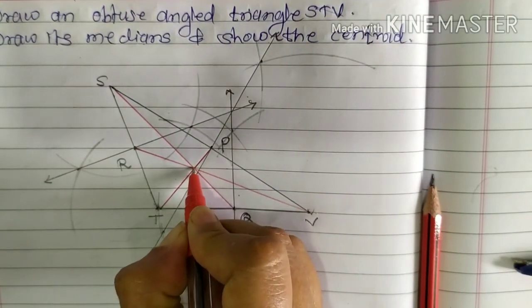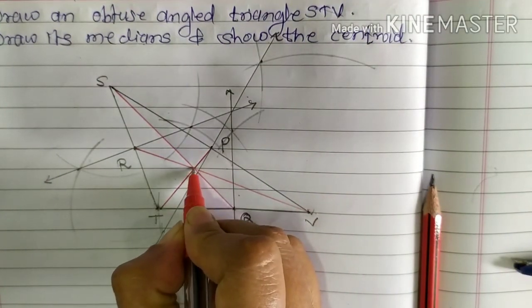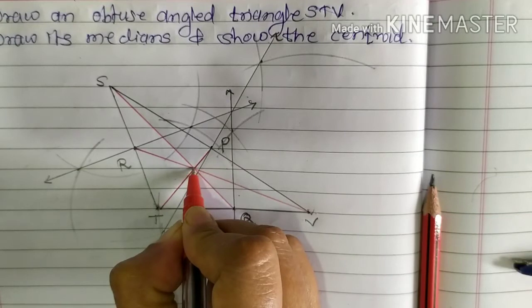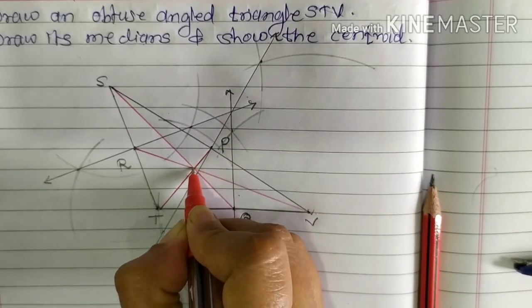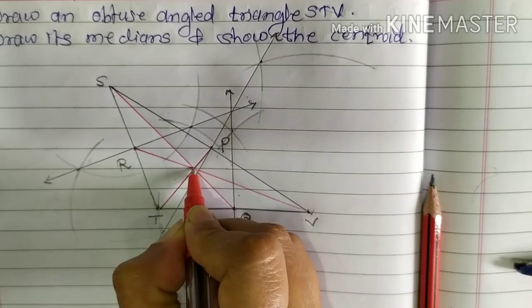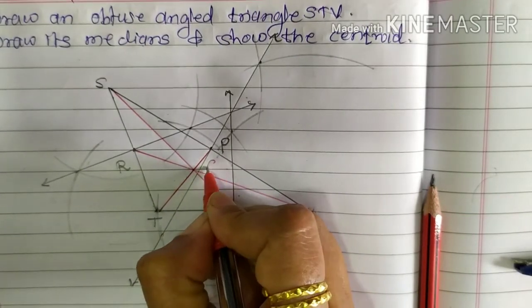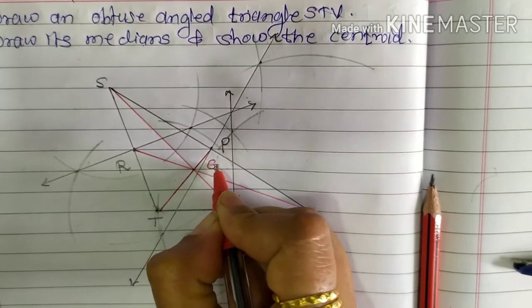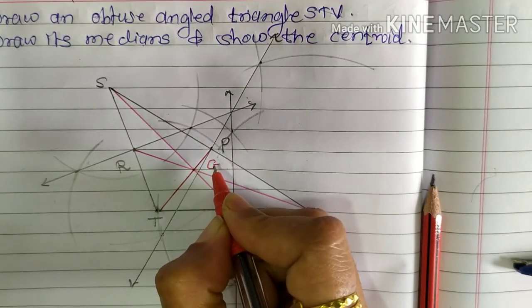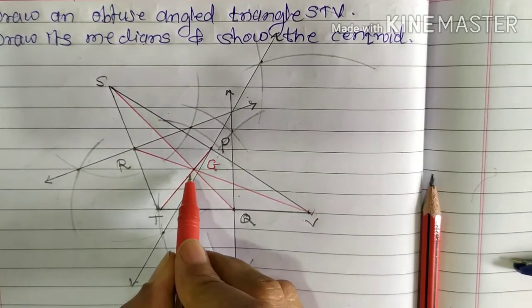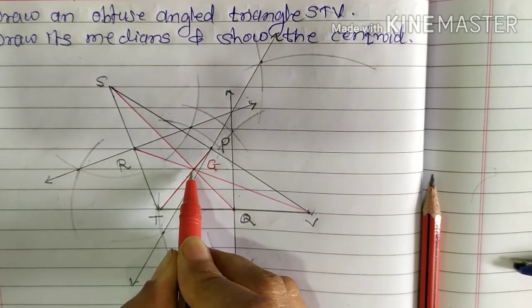Here we get the center point, that is called the centroid, the point of concurrence. The 3 medians are concurrent here, and that point is called the centroid, and it is denoted by capital G, and its location is interior to the triangle.